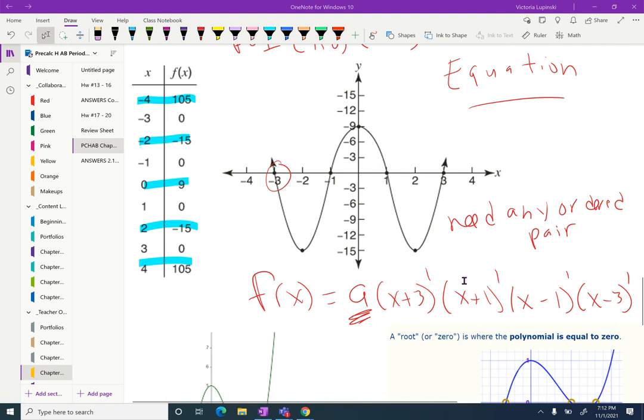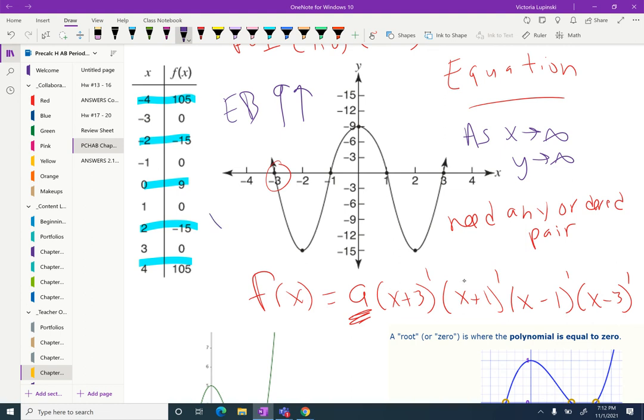Okay, and so something else that I want to point out here. Again, this is end behavior, up, up. Make sure you also understand with the infinities, the way that you would say that over here is as x goes to positive infinity, y goes to positive infinity. Over here, you would say as x goes to negative infinity, y goes to positive infinity.